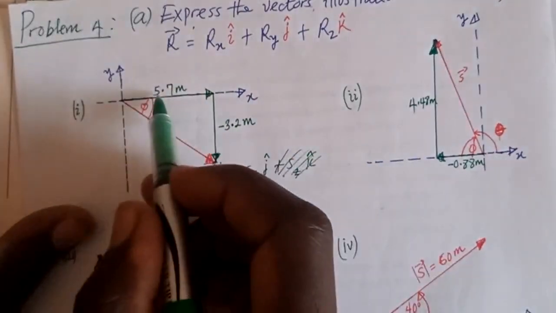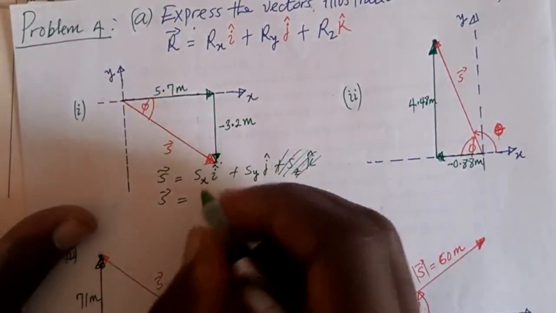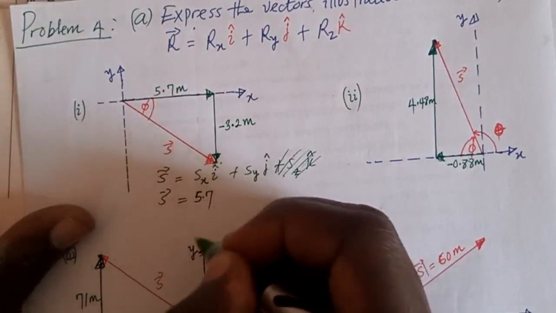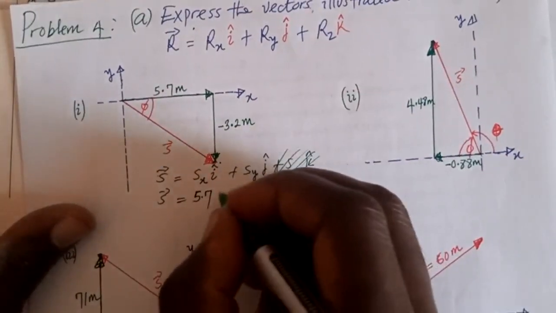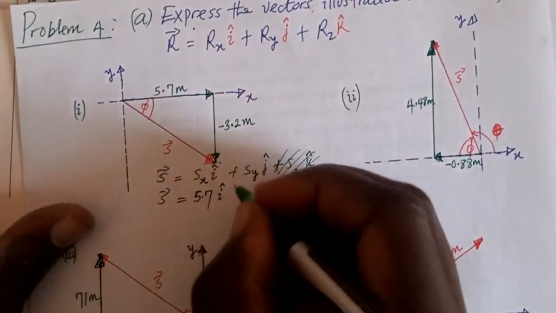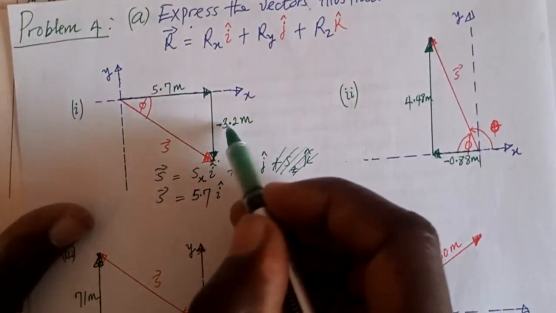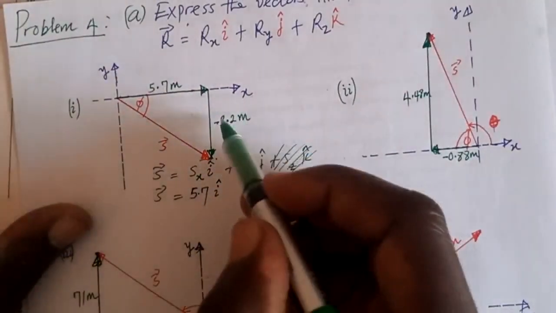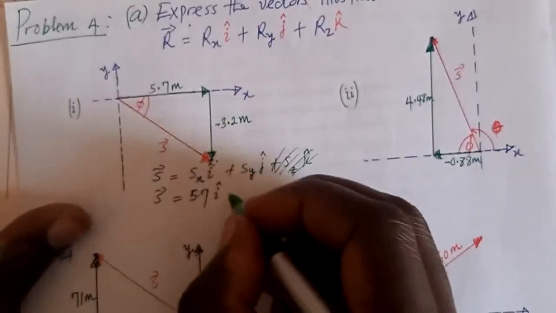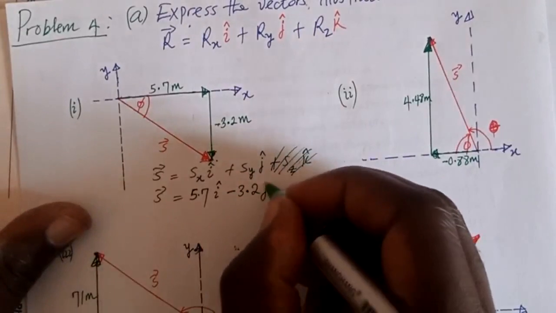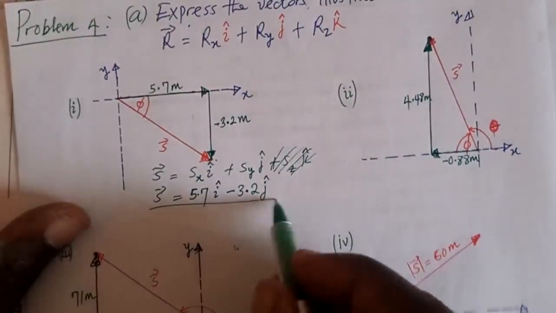Along the x-axis, look at it, 5.7 meters. So I will just take the 5.7, then I will write my i cap. Then for y, it is negative because it's directed downward, negative 3.2, so I will have minus 3.2 j cap. Well, this is my answer.